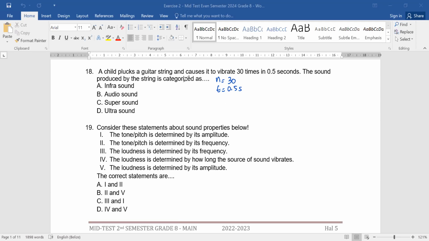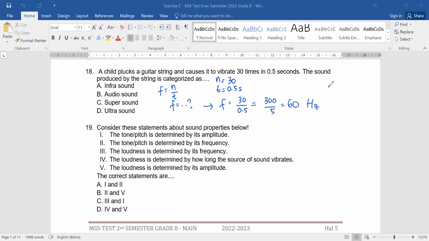To categorize that sound, we need to know the frequency, right? So we need to count the frequency first. F equals 30 over 0.5. If you still don't remember the formula, frequency is counted as N over T because it's talking about the number of vibrations in every second. So 30 divided by 0.5, so it's 300 over 5. It equals 60 hertz.